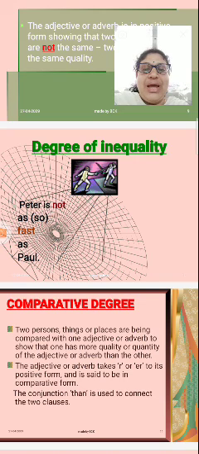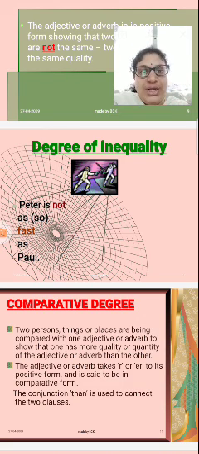Peter is not as fast as Paul. So here Paul is the faster man. Here we are comparing between Peter and Paul, the two nouns. That is the fastness, and the two people do not have equal fastness because Peter is not as fast as Paul.